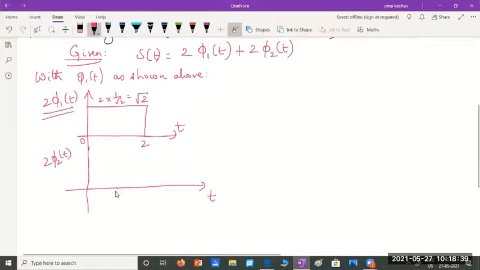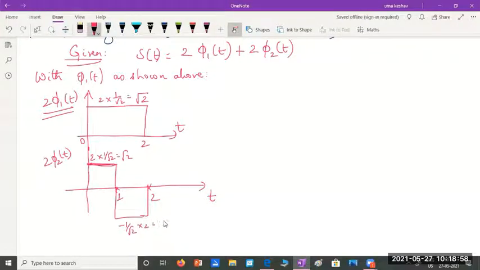So here I should mark this midpoint 1 also, and I need 2. So this value will be 2 into 1 by root 2, which will be root 2. And this value will be minus 1 by root 2 into 2, which will be minus root 2. Correct?